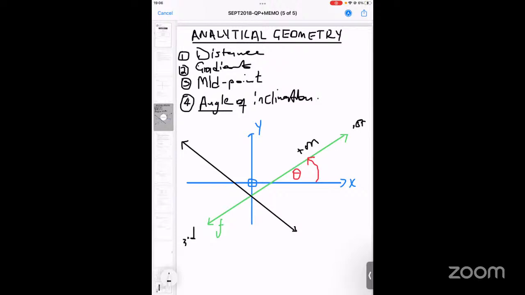One that ends in the second and fourth quadrant will always have a negative gradient. So the angle of inclination, honorable members, is the one that starts from the x-axis until it hits the function. That will therefore be our angle of inclination.